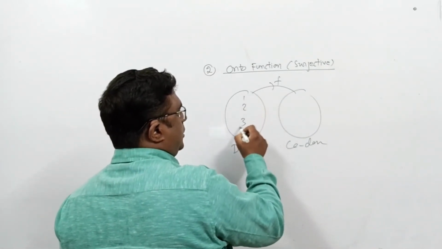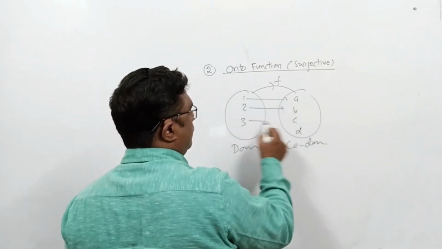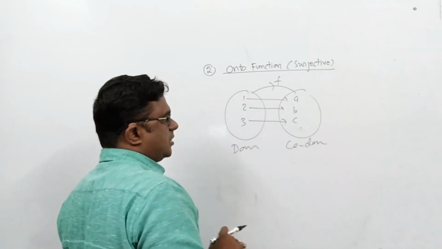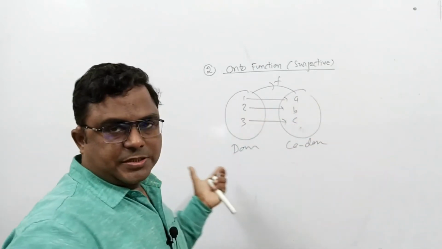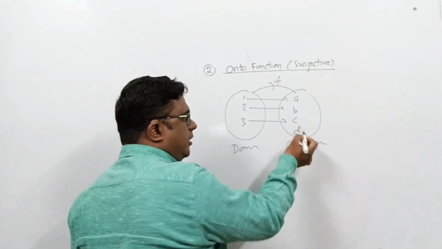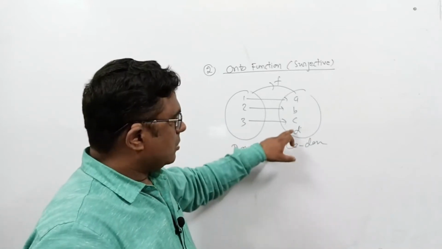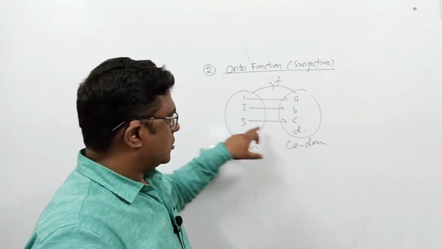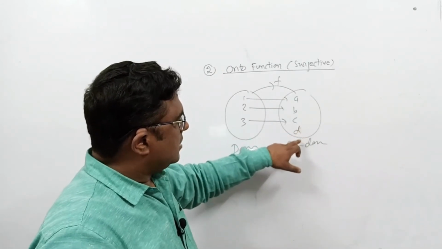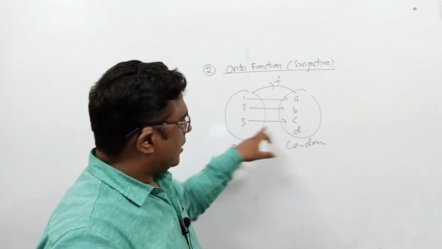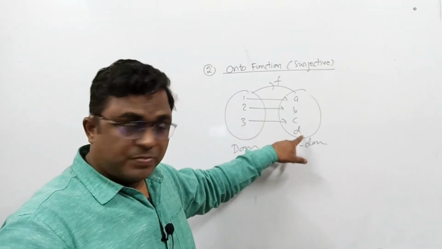Suppose 1, 2, 3 and A, B, C, D. Here what special thing is happening is that all the elements of the codomain have pre-images. Suppose I write here D. In this situation, this D does not have a pre-image because this D is not related to any element. So if I write D without an arrow, it means D is not receiving any arrow, so D does not have any pre-image.